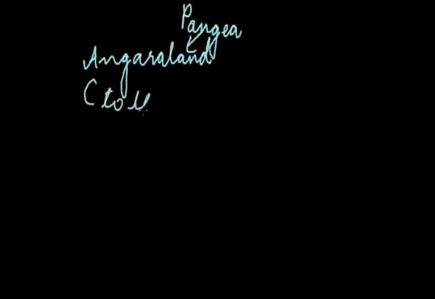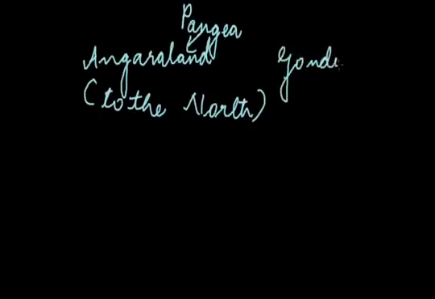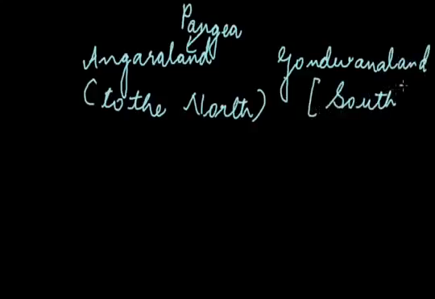Pangea consisted of 2 parts. One is the Angara land, to the north, and another was the Gondwana land, the southern part of the Pangea.